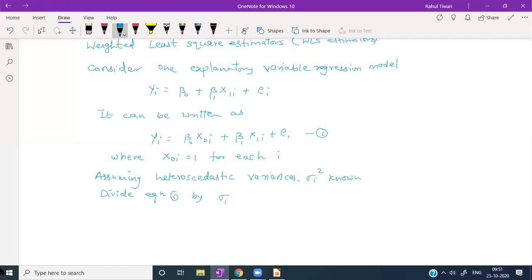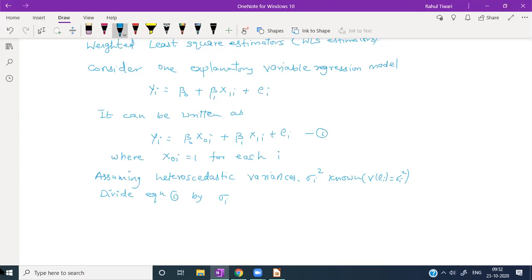So this means the variance of ei is equal to sigma i square. We have heteroscedastic variance. That means if this is known, the variance of ei is equal to sigma i square. So what you do? Equation 1, you divide by sigma i.